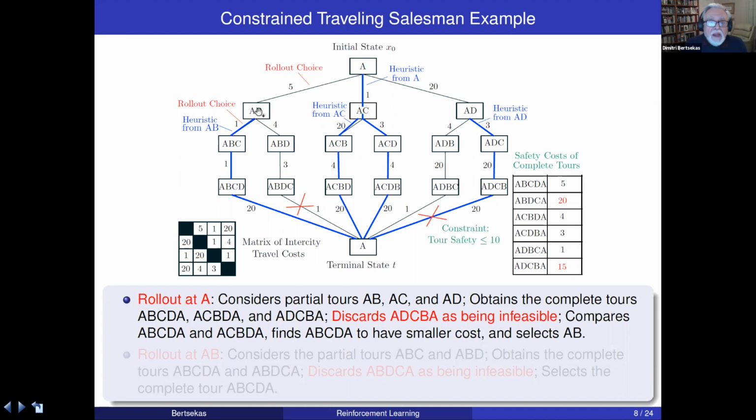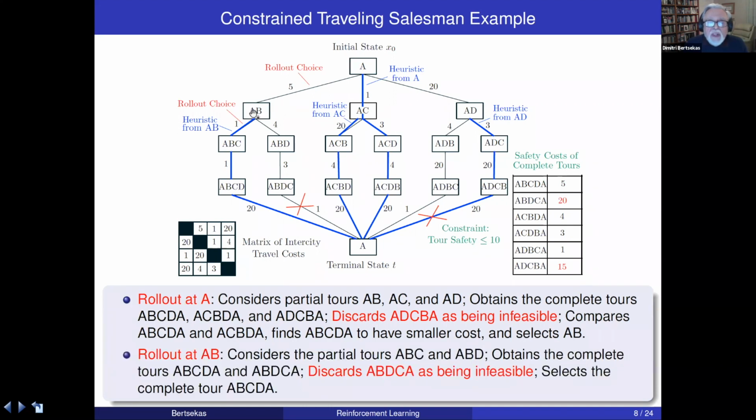Okay. So we have made this rollout choice, and now we move to AB, and we do rollout from here again. So what do we do? We consider this possibility and that possibility and run the base heuristic from each one. Now, this trajectory here is infeasible because it violates this constraint here. So we throw this one away and we select this one. In other words, we move to ABC. That's what this bullet says.